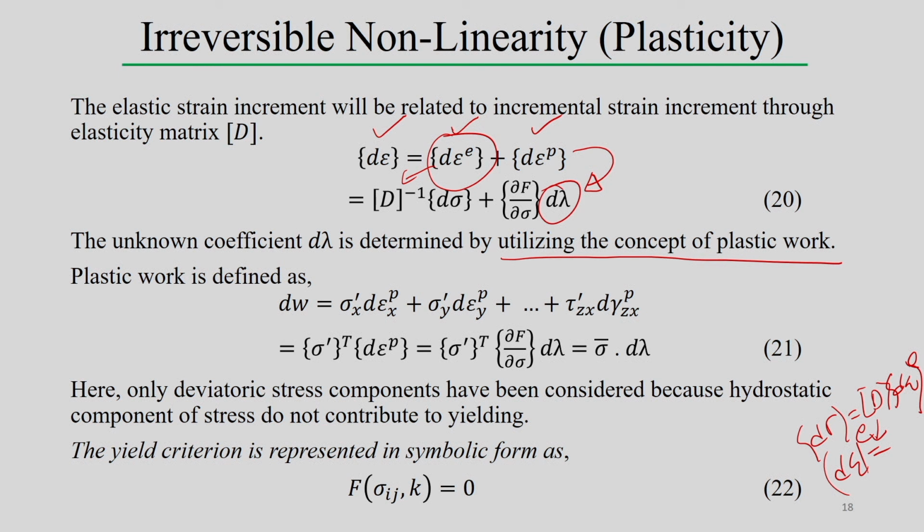If you remember, plastic work is defined by dW, assuming that for this incremental plastic strain, we consider the incremental plastic work done. From a simple stress strain diagram, suppose this is the curve.